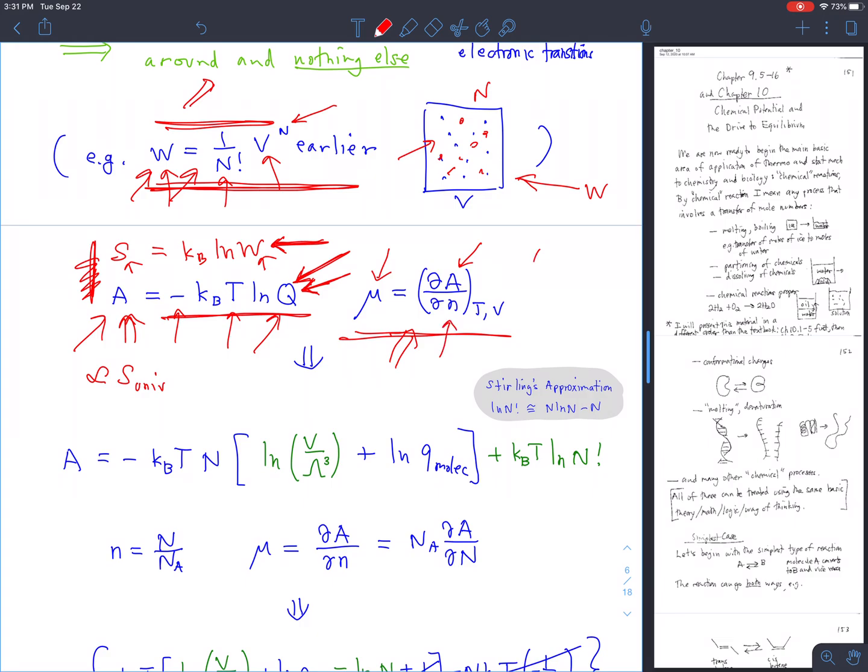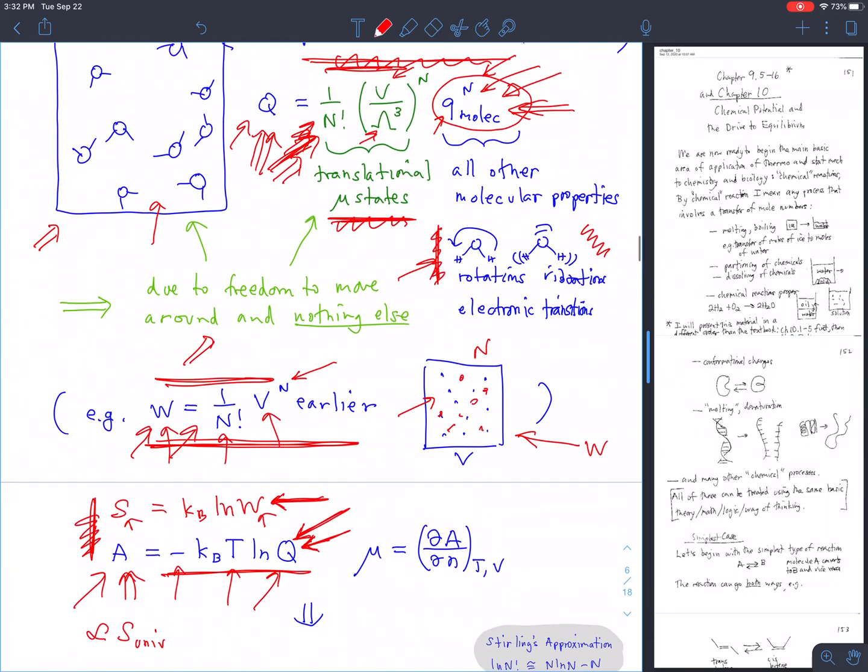If I'm looking for the chemical potential of species A, that would be the partial derivative of the Helmholtz free energy with respect to the mole numbers for A. If we were doing the same thing for B, it would be the partial derivative with respect to the mole numbers for B, and so on. So I didn't specify which chemical species it is because it applies to any specific chemical species. All right, so those are the relationships we're going to use.